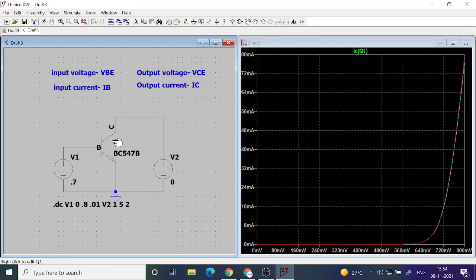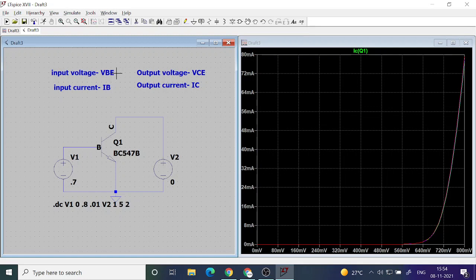It is the collector current, this terminal current. So I am plotting the output current versus input voltage. Output current versus input voltage. And this is what I get.